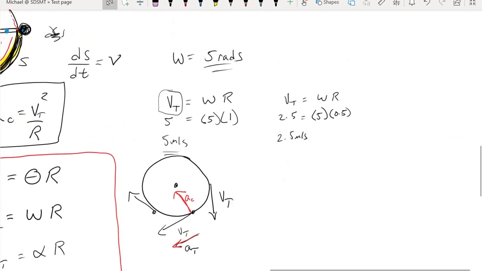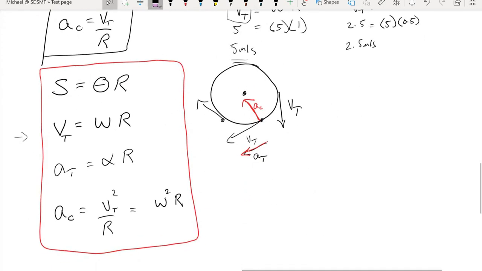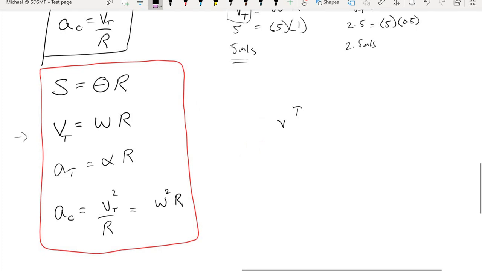Now, one final comment here. There is a little bit of hand waving that goes on with the unit analysis when converting from the linear values to the angular values and back.